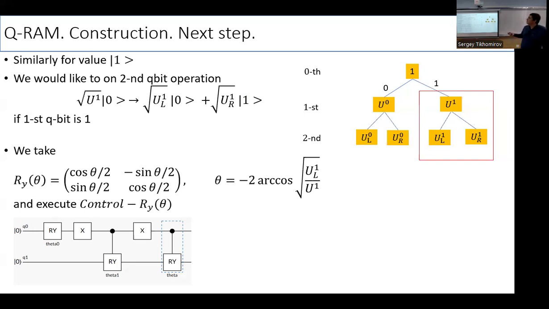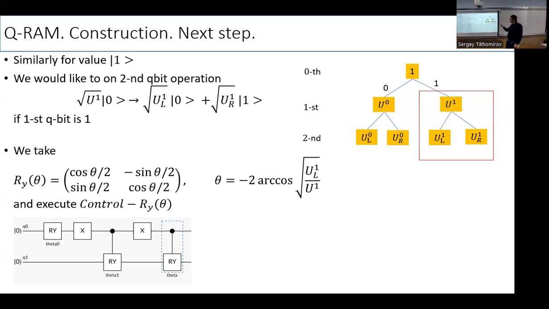In that case, if the first qubit is 1, I would like to make such a transformation. Once again, here should be plus. I can calculate the angle, make the rotation, and apply a controlled rotation here.